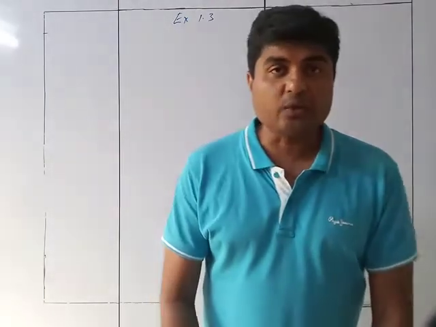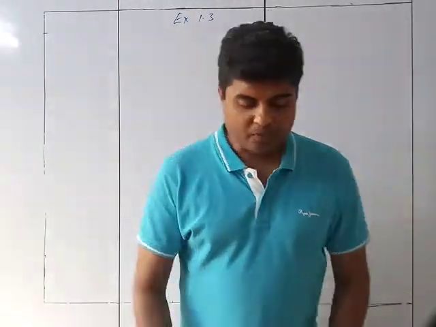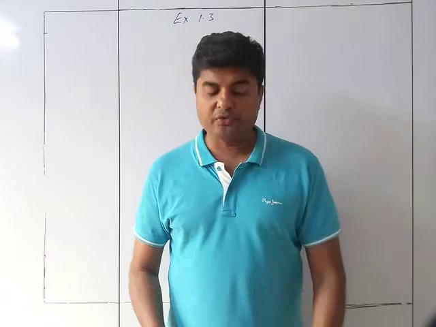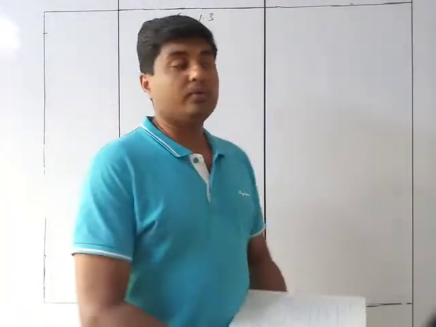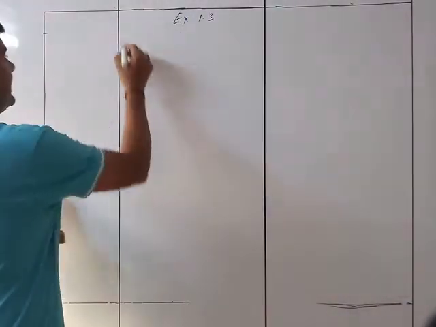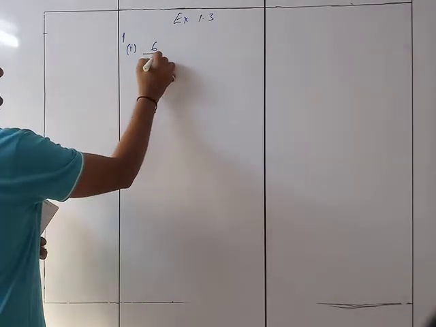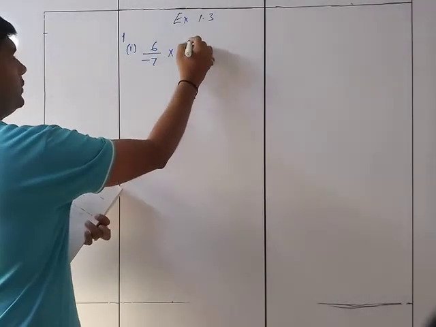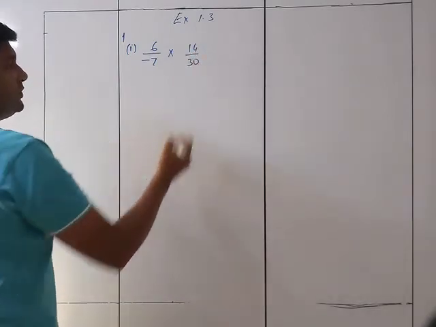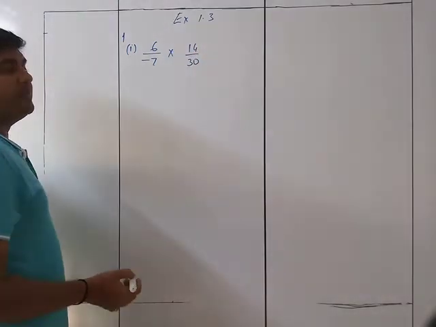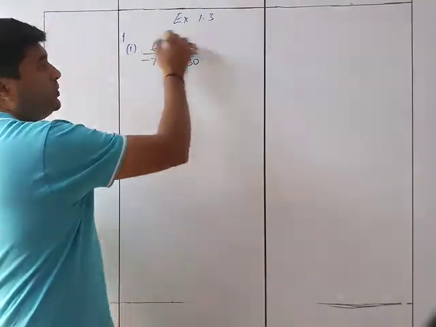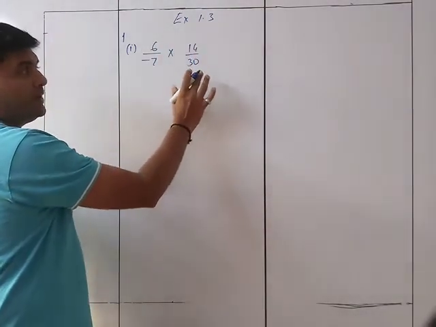So now we'll start with exercise 1.3, which is about multiplication of different rational numbers. The first one is 6 upon minus 7 into 14 upon 30. In multiplication you just multiply the numerators and multiply the denominators separately to get the answer.